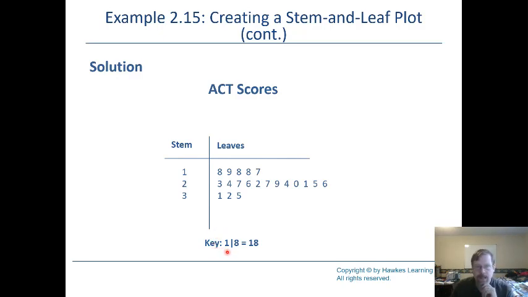So the key here is 1 in the stems and 8 in the leaves is 18. So we've got 18, 19, 18, 18, and 17 as the values that fit in this class.